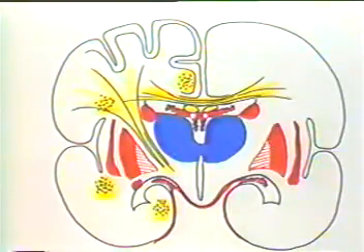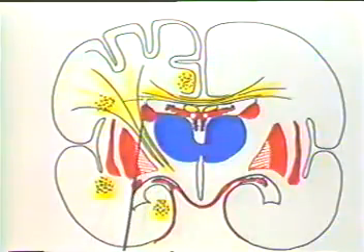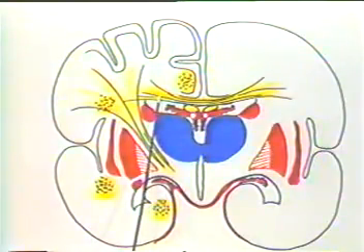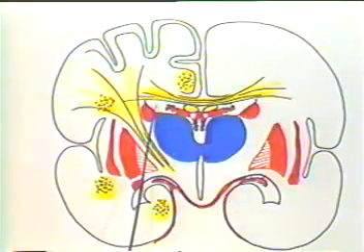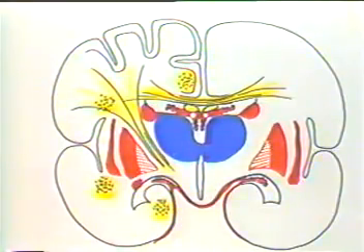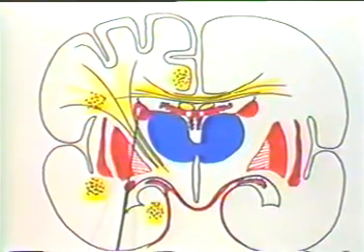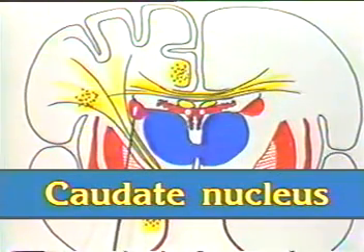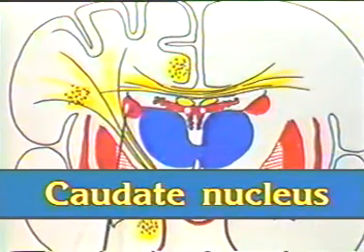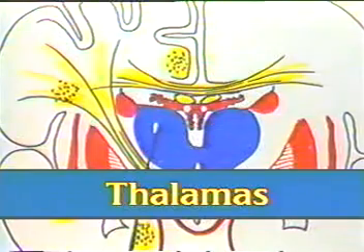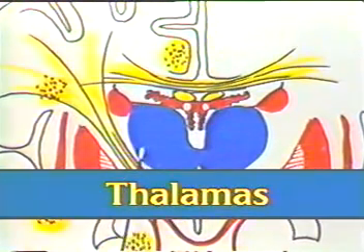And we will then open up the lateral ventricle by removing here part of the radiation of the corpus callosum, which serves as the roof of the lateral ventricle. And that will enable us to inspect the floor of the lateral ventricle at this level, where caudate nucleus, colored red here, is located laterally, and thalamus in blue is located medially.